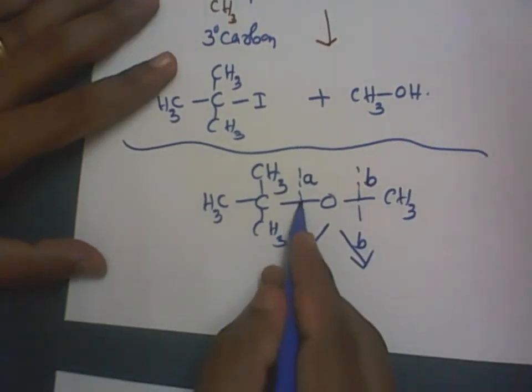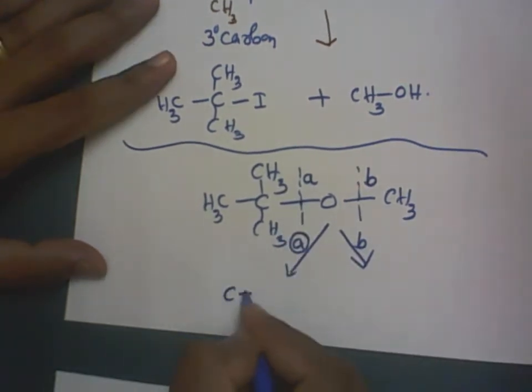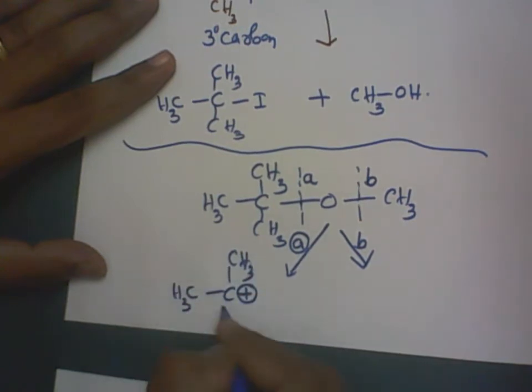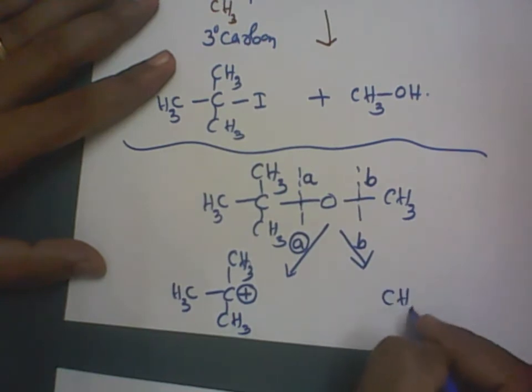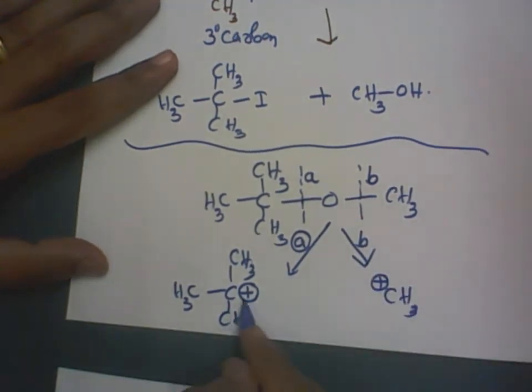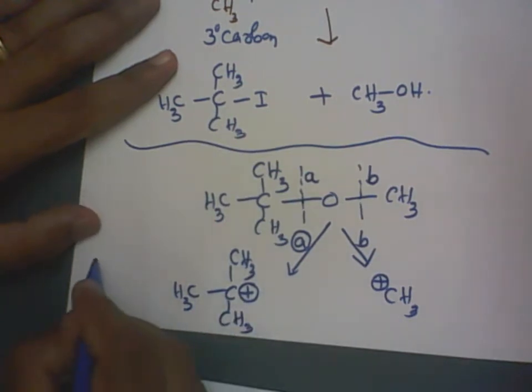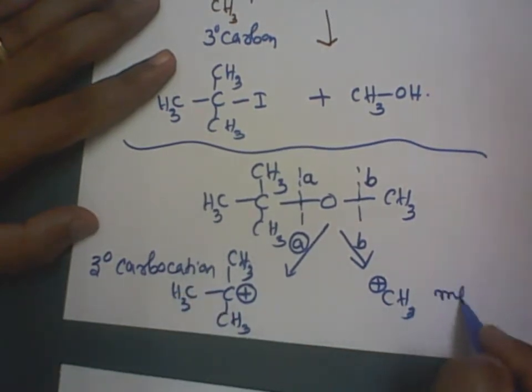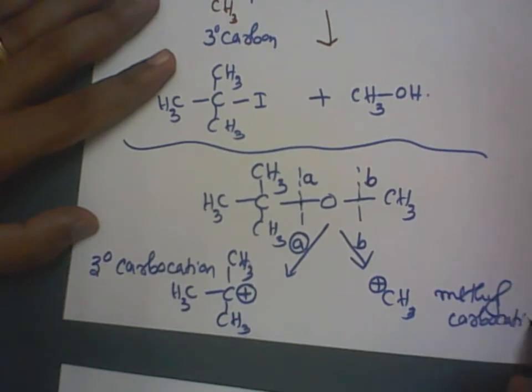Now suppose it breaks here. Then this carbon is positively charged, with CH3, CH3 and CH3. Suppose it breaks here, it can be CH3 plus. This carbon is positively charged. This is a tertiary carbocation, and this is simply a methyl cation, or methyl carbocation.